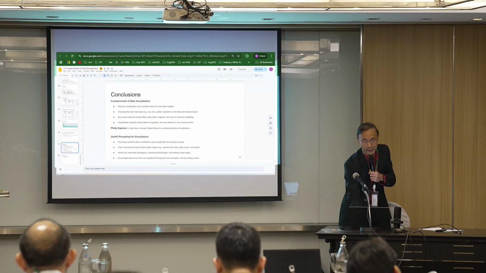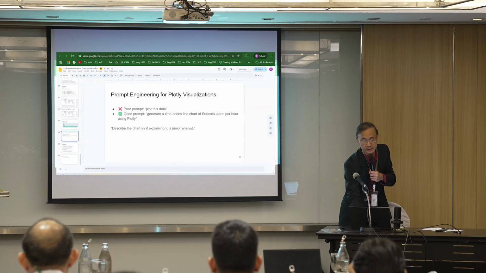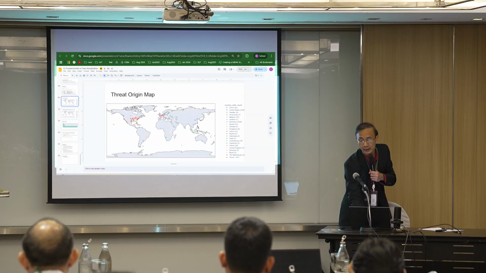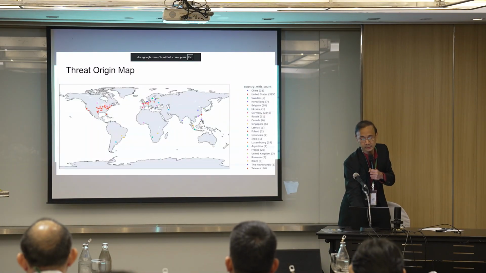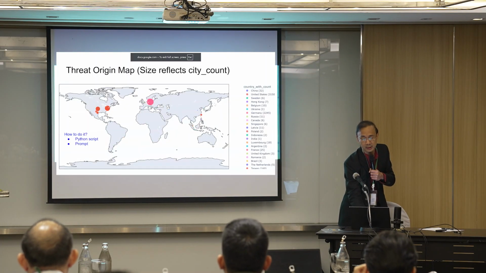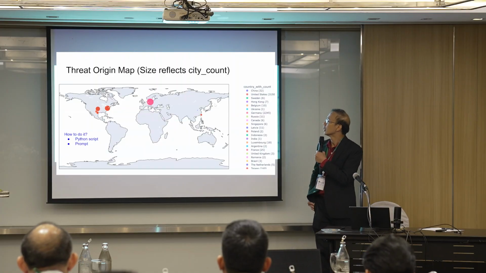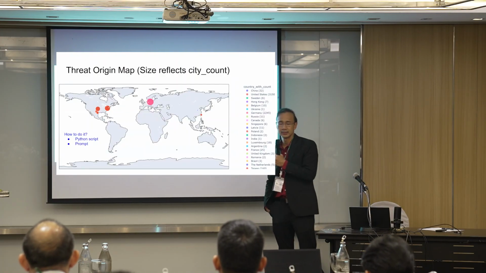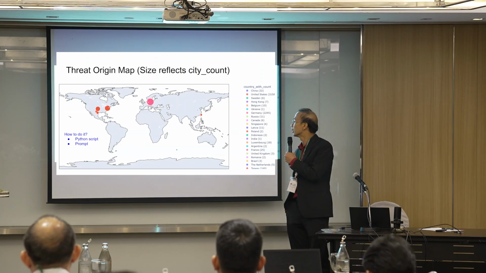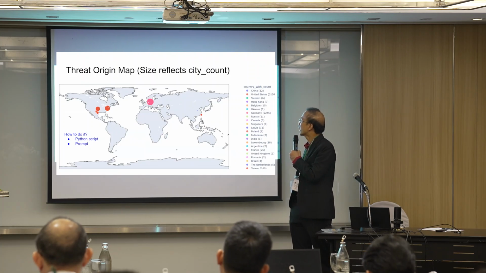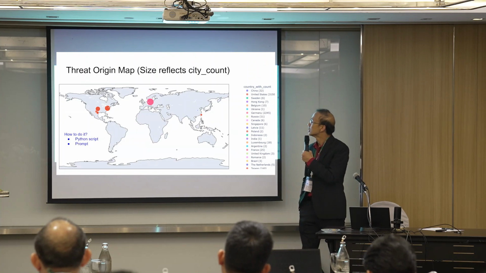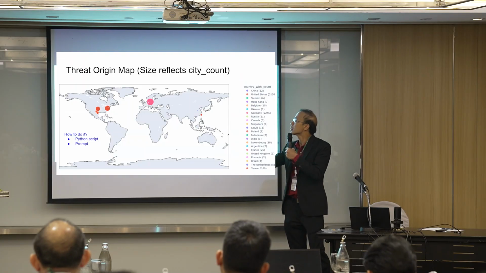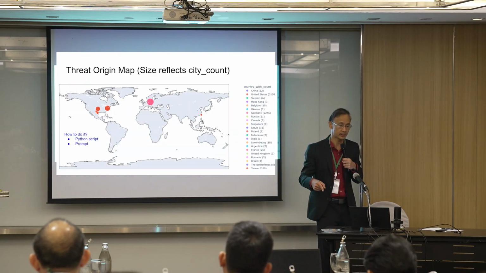To summarize, this is the plot that I mentioned earlier, the threat origin. Of course, you can try to create a bubble plot. You can try to modify the Plotly plot command so that it uses size to represent the number of attacks on each spot.